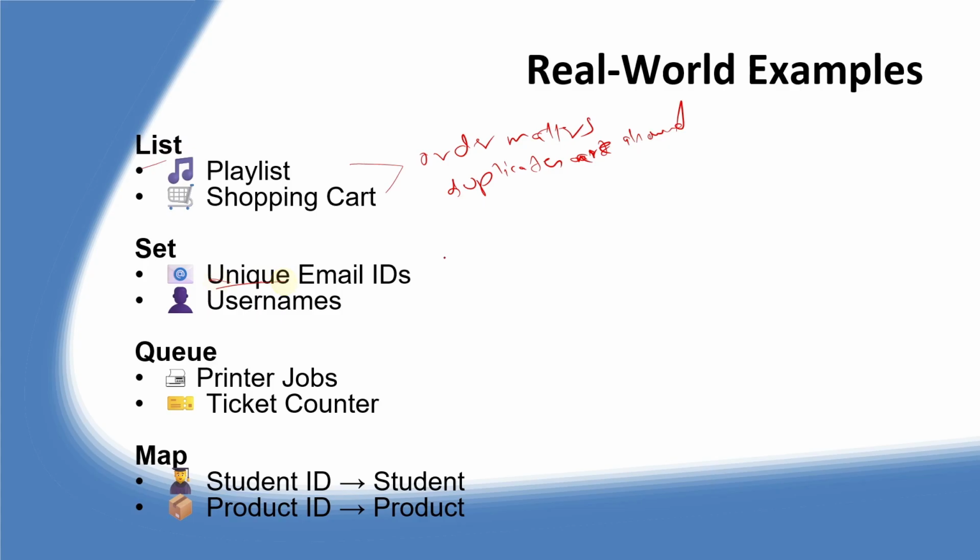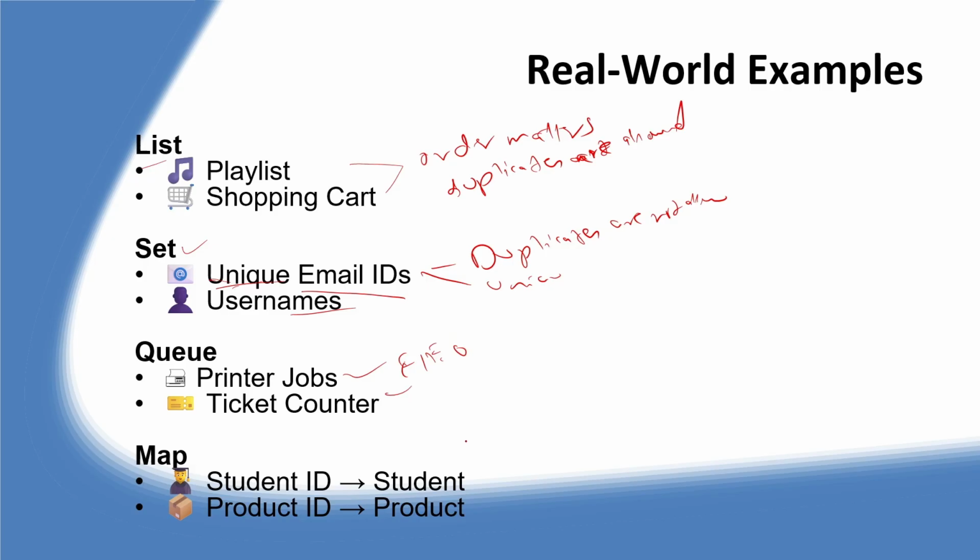And for Set, duplicates are not allowed. Only unique values we will keep, like unique email IDs and usernames. For these scenarios, we'll go with Set. Queues are commonly used for print jobs and ticket counters, following the FIFO principle, first in, first out.